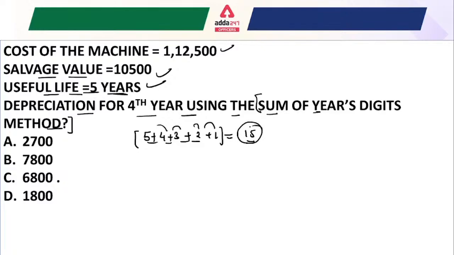Right? Okay, now the thing to understand is why we use 5 for the initial year. If the useful life is 5 years, why do we use 5 for the first year? The reason is that it is beneficial for tax purposes also.